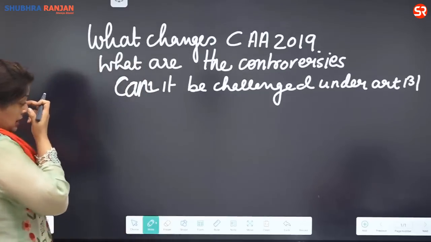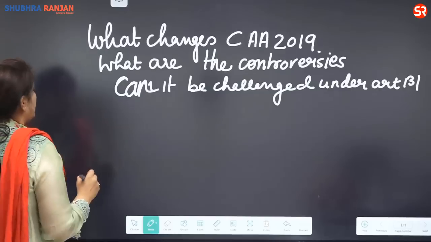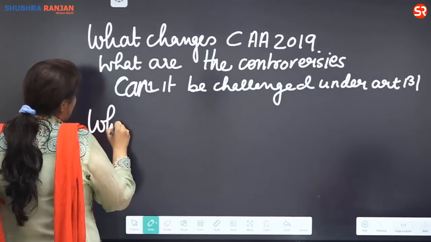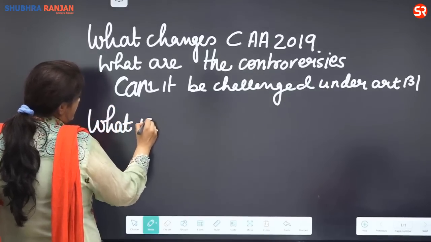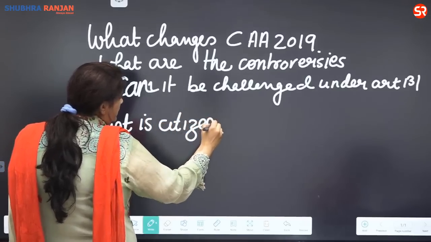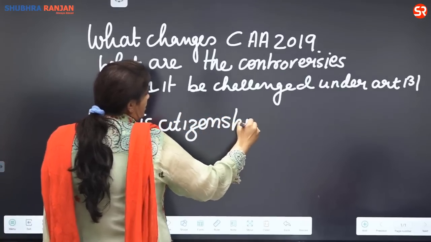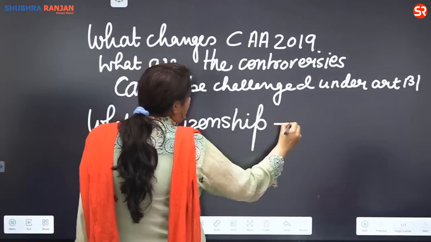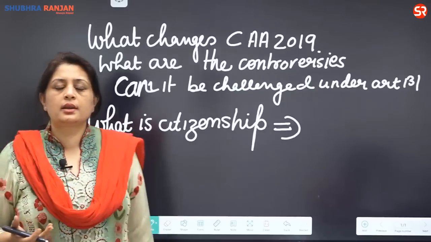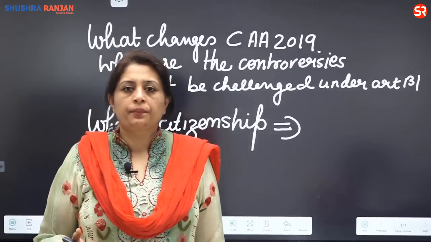So first of all, how will I open up this question? I will first explain what is citizenship, or what is meant to be a citizen of a country. Fine.